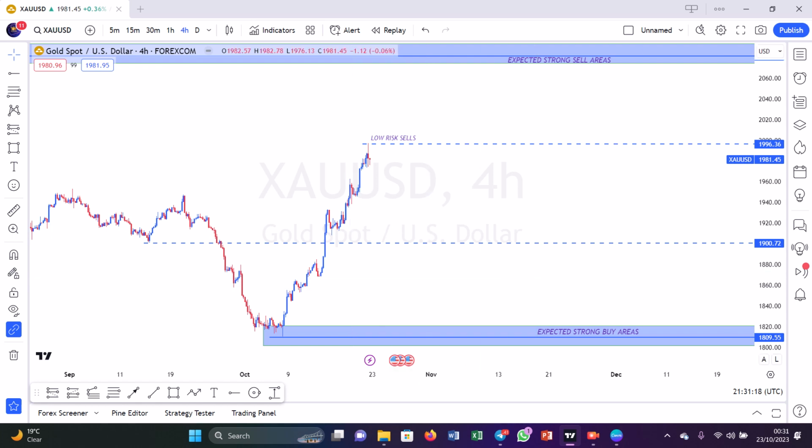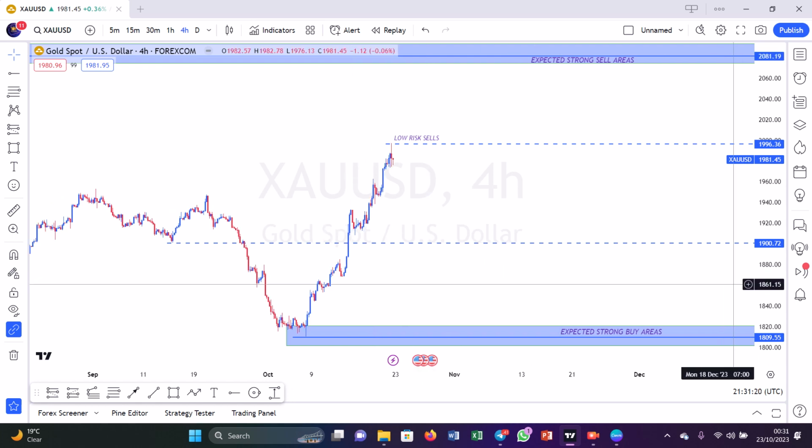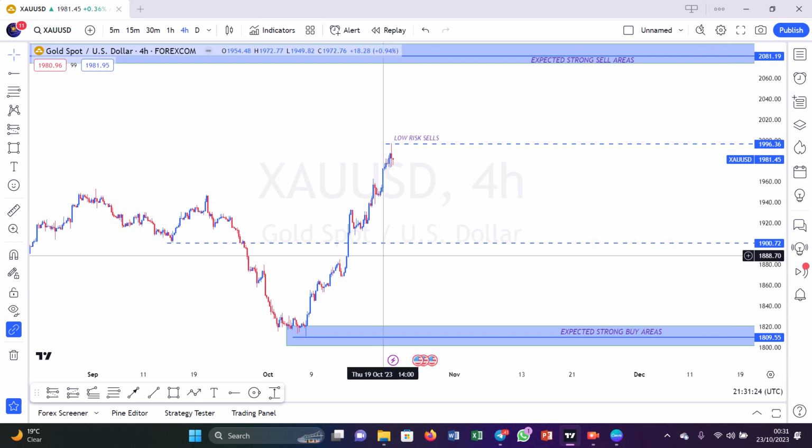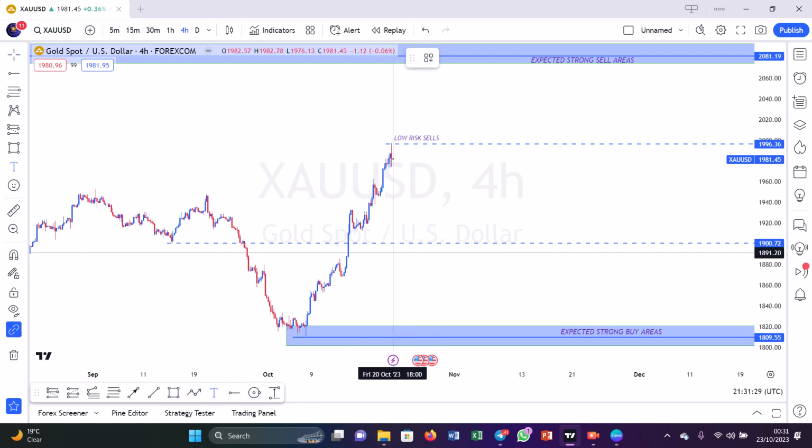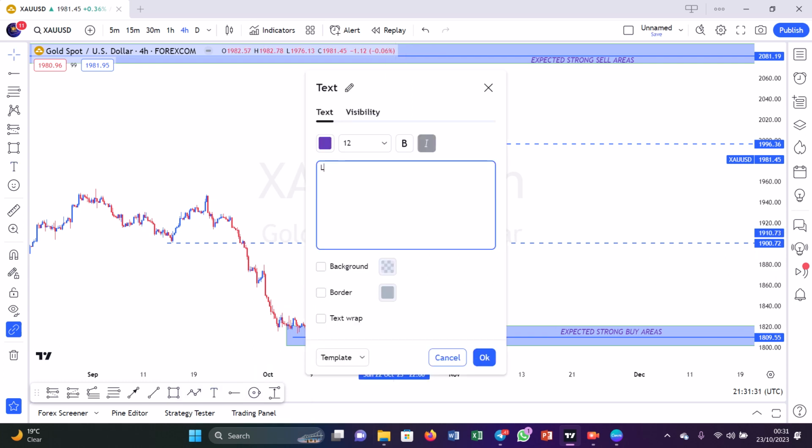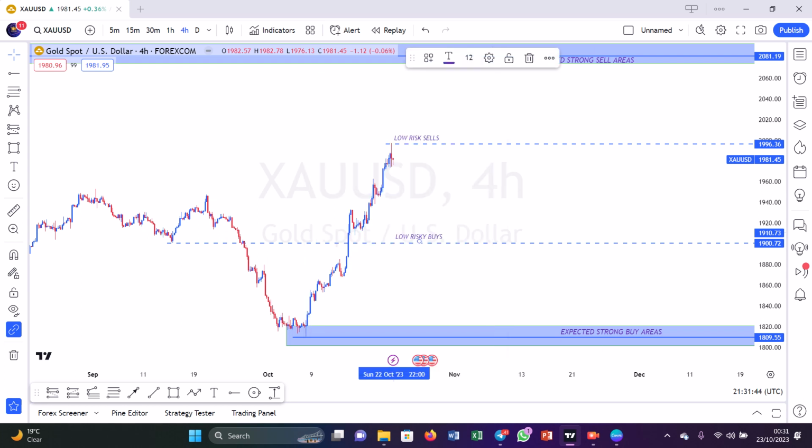So at that level, I'll be expecting the market to give me some sells from there, and then I'll mark this as my low risky buys, my low risky buys. You get the point? So at that level, why am I saying so?